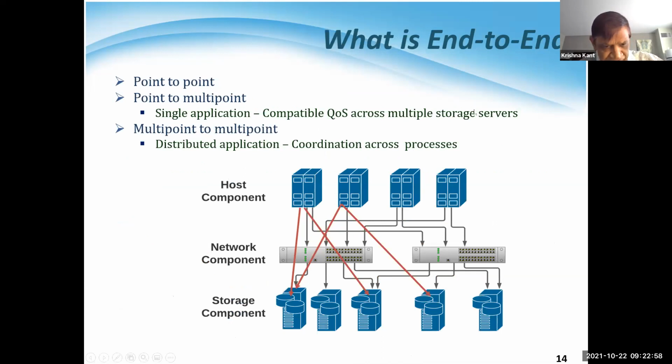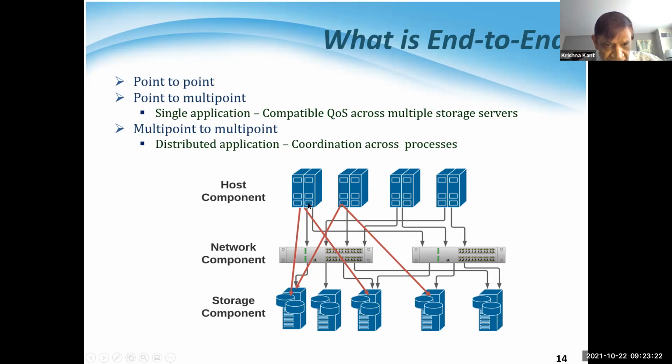Okay, so I've been talking about end-to-end, and what exactly is end-to-end? Well, traditionally, we think about end-to-end from a single host to a single storage server or even a storage device. But obviously, in reality, the situation is a lot more complicated.